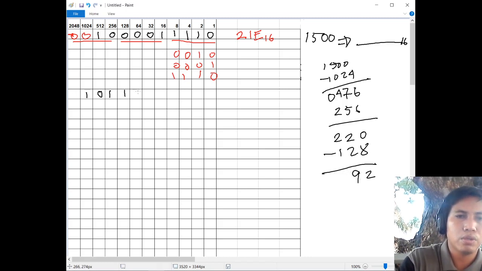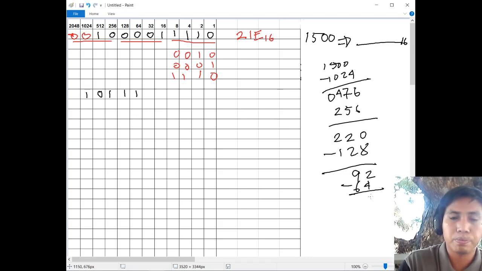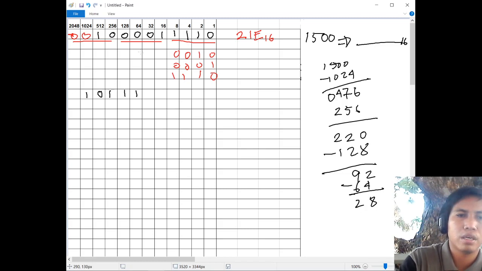Okay? So 64 is less than 92. So this would be 1. So 92 minus 64, that would be 28. Then 32 is greater than 28, so this is 0. Then we have 16.